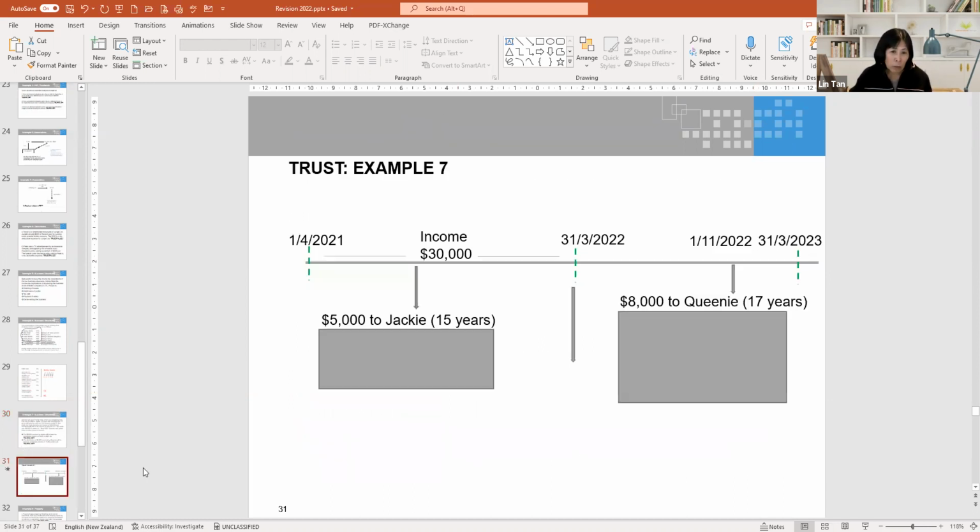So I've drawn up a sort of diagram here that captures the scenario. So that's the income earned, $30,000. This is the year end, 31st March 2022. And $5,000 was distributed to Jackie within that year. Right, so is the $5,000 beneficiary income or not?